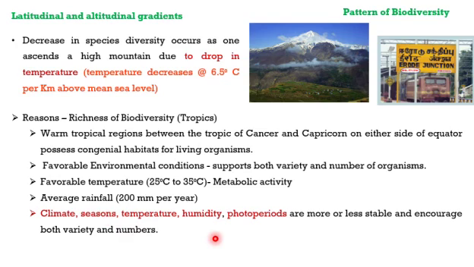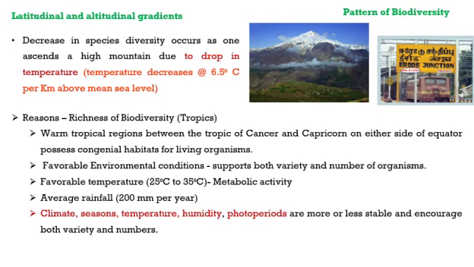Likewise, in the tropical region you have different seasons, different rainfall seasons, summer seasons, temperature and humidity. The major reason is that in the tropical region you get rainfall, which is very important for all the vegetation, and the temperature, which is also very important for all the animals and plants, and the photoperiod and humidity, everything is favorable. That is why you get high biodiversity in the tropical region.